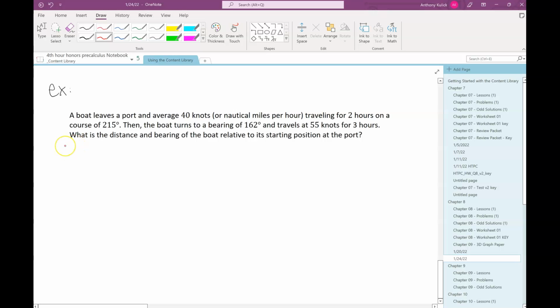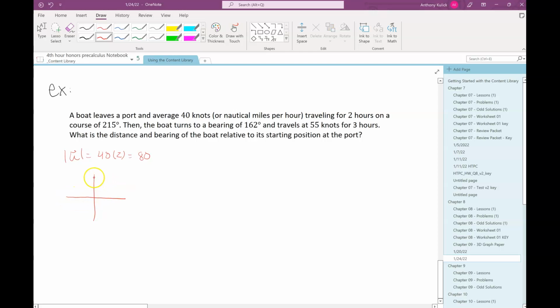So I'm just going to think about these two legs of the boat's trip as two vectors. My vector u has a magnitude of 40 knots for 2 hours, which gives me 80 nautical miles. And the bearing is 215.